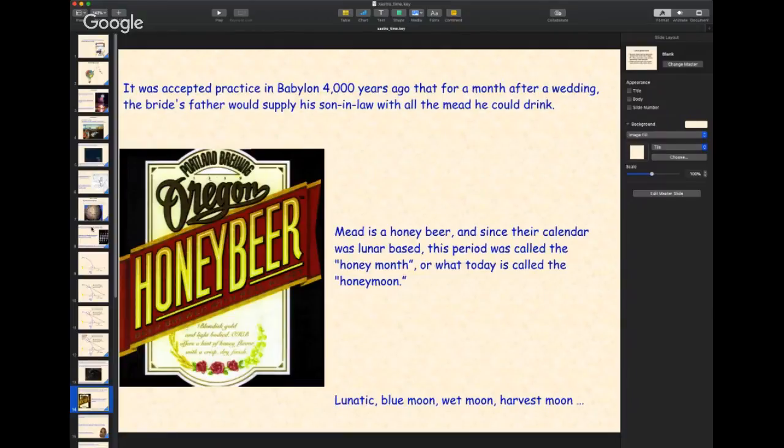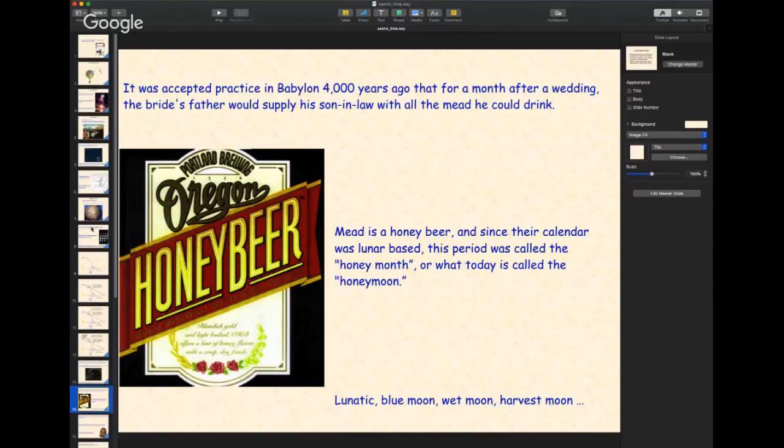And so it was accepted practice in Babylon about 4,000 years ago that for a month, full moon to full moon, after a wedding, the bride's father would supply his son-in-law with all the mead he could drink. And so mead is a honey beer, and since the calendar of the Babylonians was lunar-based, this period of time is called the honey month, or morphed into what we call today the honeymoon.